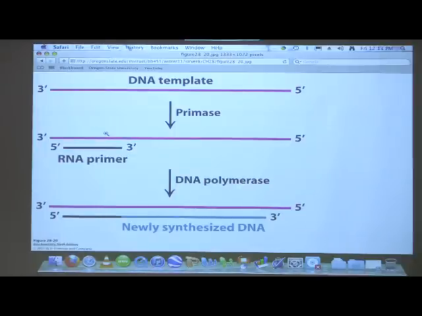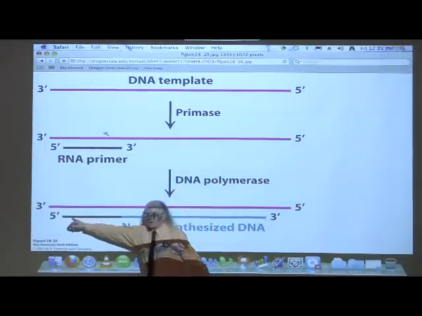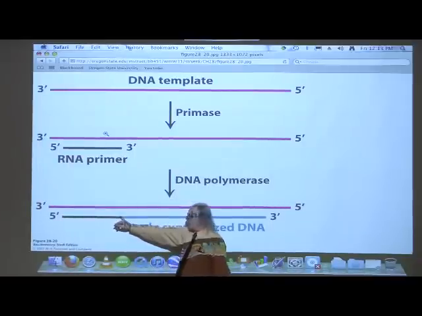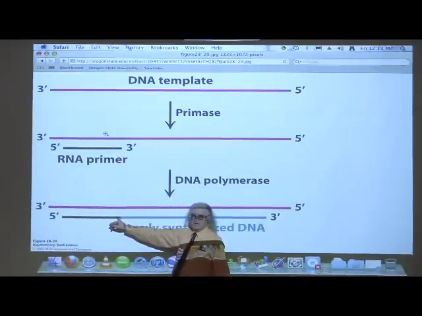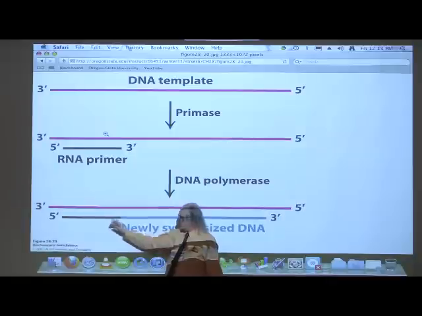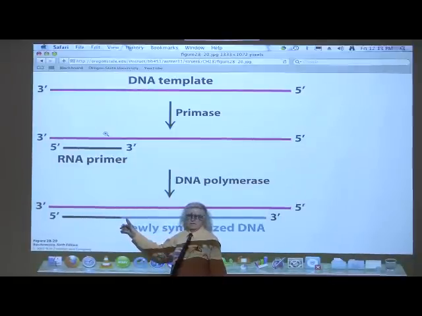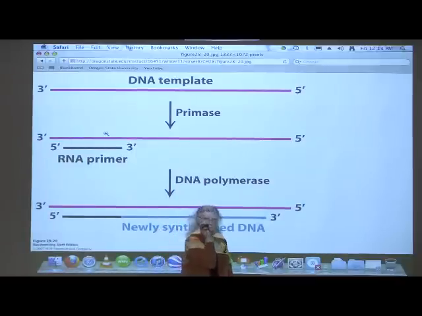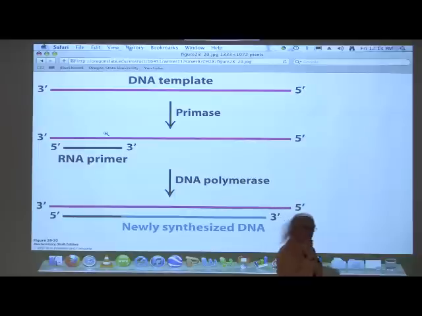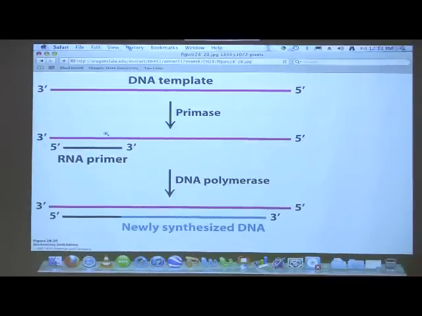Now, there's one thing missing here. And the one thing that's missing here is that the DNA polymerase can extend all the way up to here, but it can't join the end of what it made with the beginning of this. There's a little tiny gap. There's one last phosphodiester bond it can't make. That last phosphodiester bond has to be joined together because we want to make a completely intact circle.